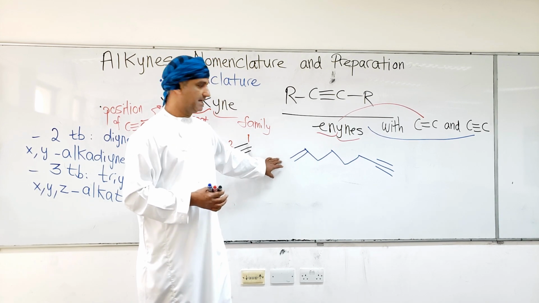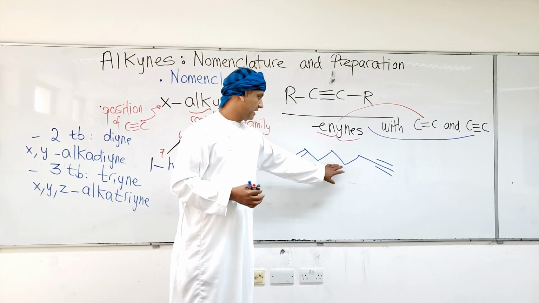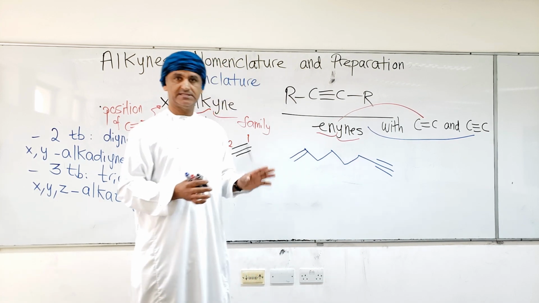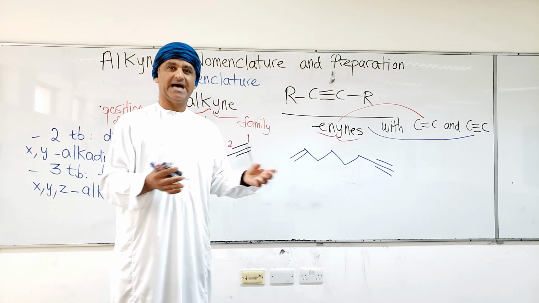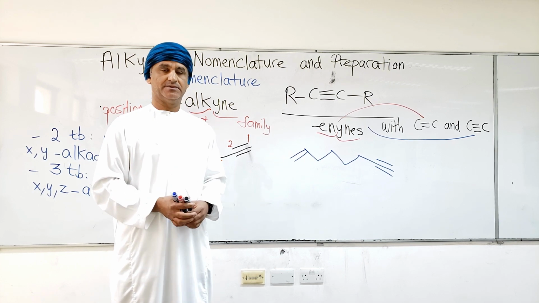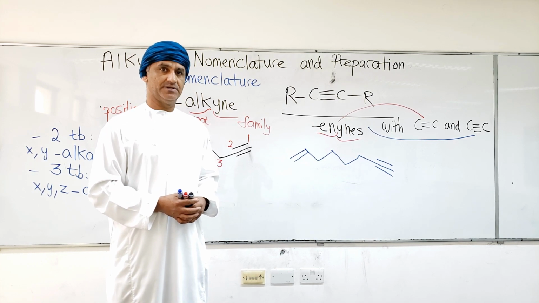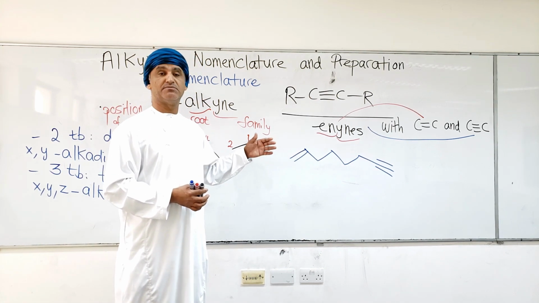And if you number the carbon atoms, you will find that it's 1, 2, 3, 4, 5, 6, 7, 8. So there are 8 carbons in this chain, or in this ene-yne chain, if you like, that contains the carbon-carbon double bond and the carbon-carbon triple bond. Now, the question would be, where do we number this chain?